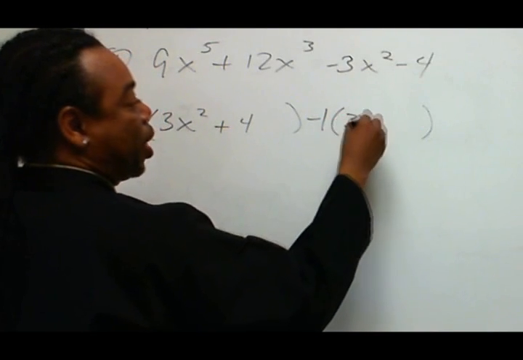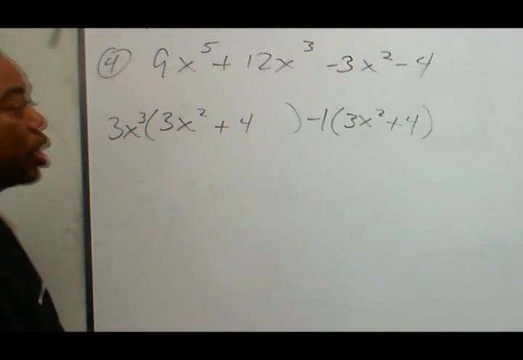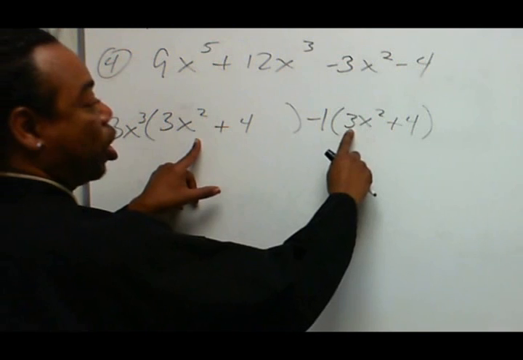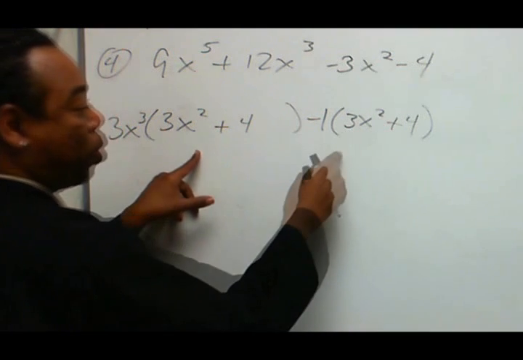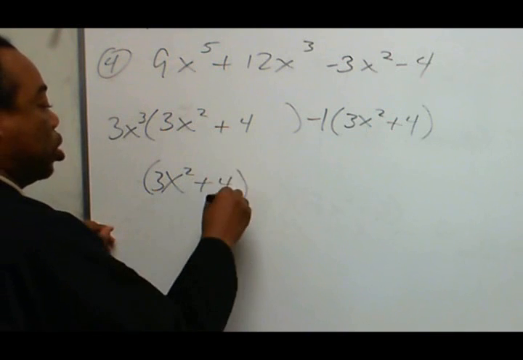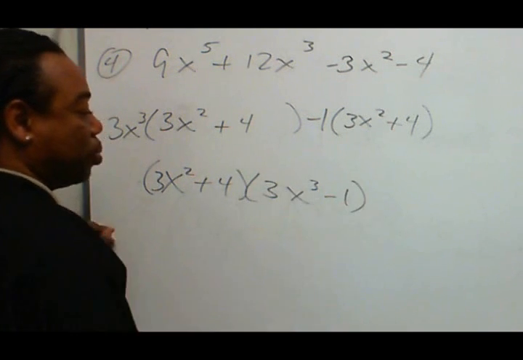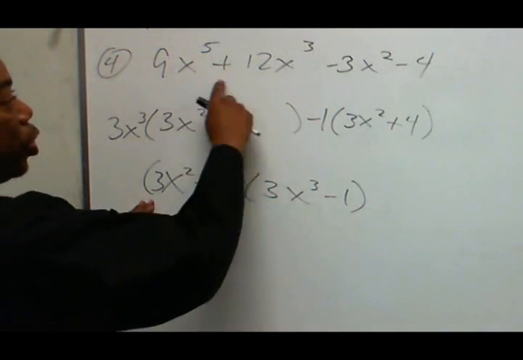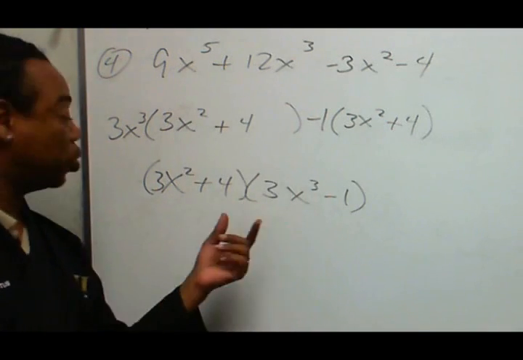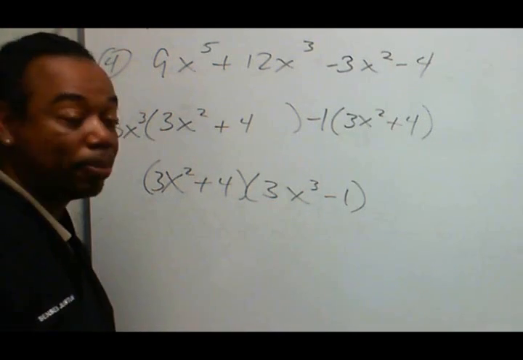Negative 1 times a positive 3x squared times a positive 4. Now we have a greatest common factor of 3x squared plus 4. So let's take that out and multiply that times 3x cubed minus 1. Okay, and so this polynomial used to be the two binomials, 3x squared plus 4 times 3x cubed minus 1.